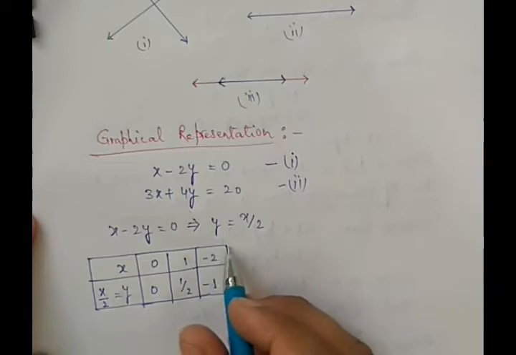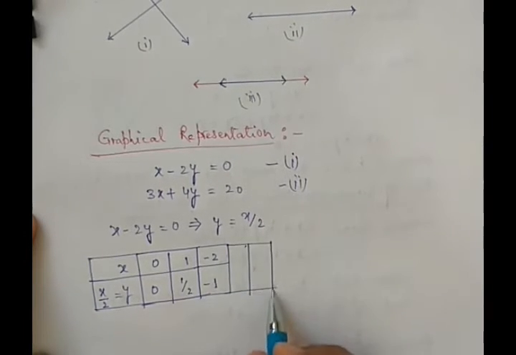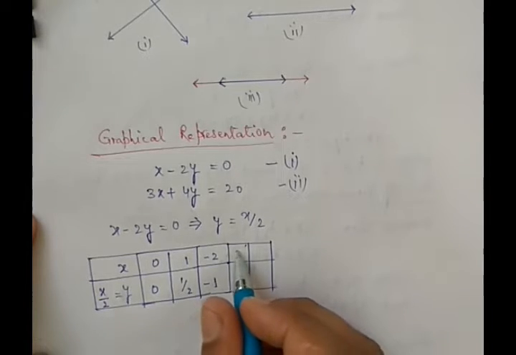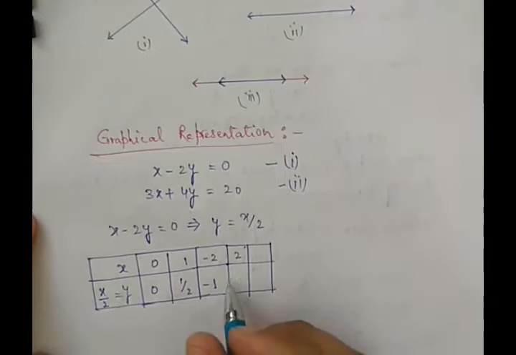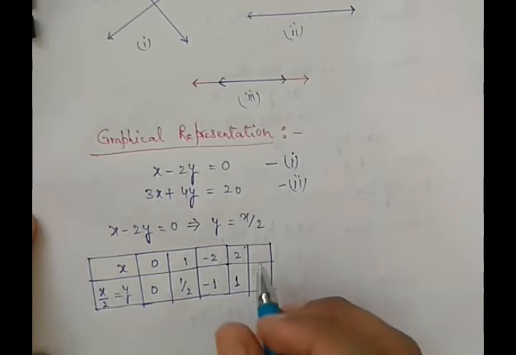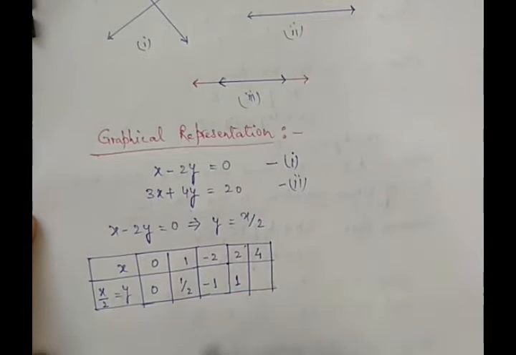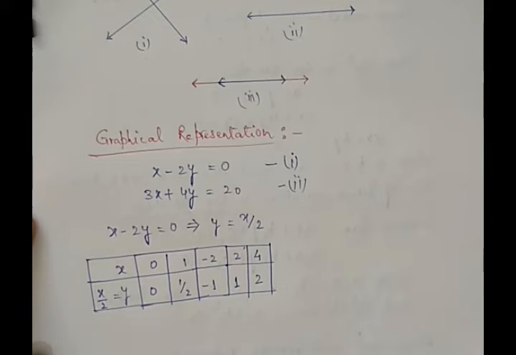Let's take one or two more values. If we take x is equal to 2, y will come out as 1, and if we take x is equal to 4, y will come out as 2. Now we will try to plot these points on a graph paper.